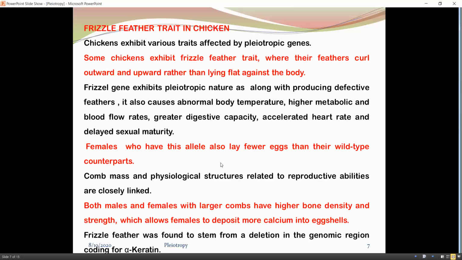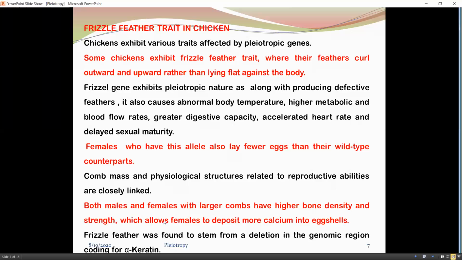Females who have this allele also lay fewer eggs than their wild type counterparts. Comb mass and physiological structures related with reproductive abilities are also closely linked.